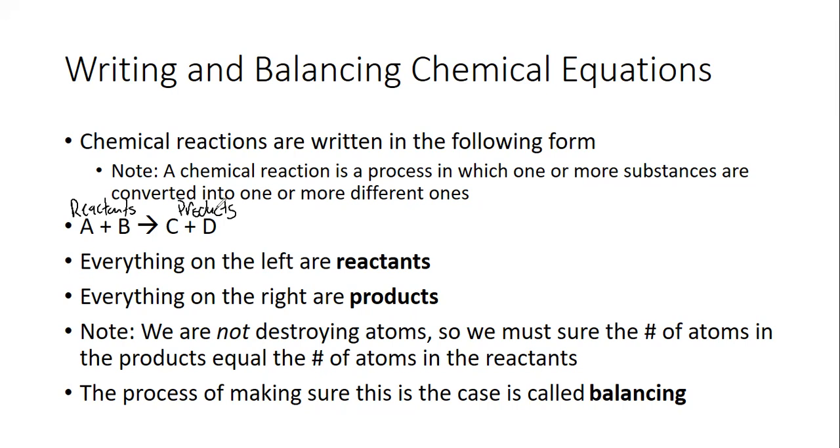Any atom that goes into a reaction as a reactant must come out as a product. So what goes in must come out. Making sure that the number of atoms is the same on the reactants and on the products is called balancing.